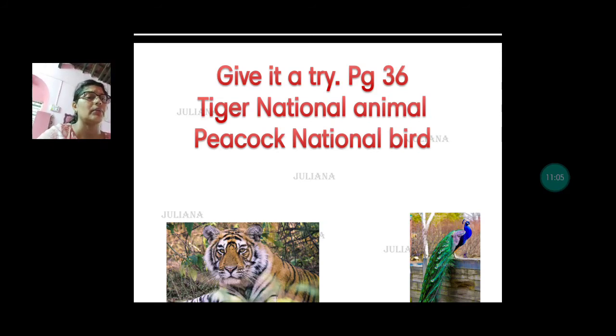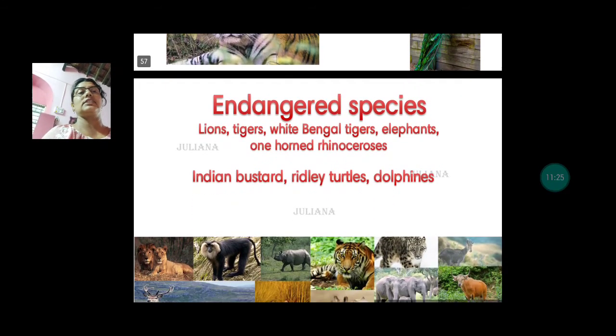Find information about such plants and animals. Find out where they reside, their habitat, and what should be done to conserve these animals. This question of what should be done to conserve the animals is an open-ended, thought-provoking question, which can be asked as a 4-mark question as well. We will discuss it right now.